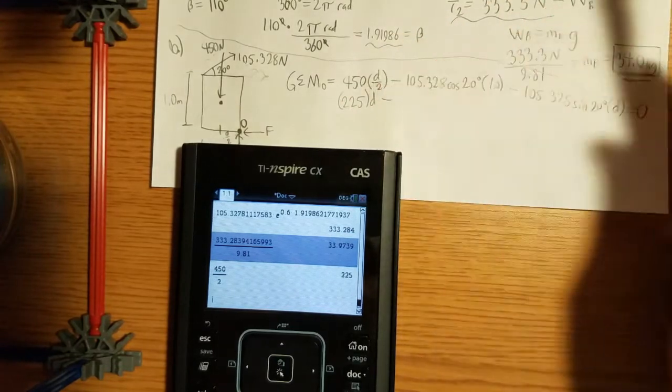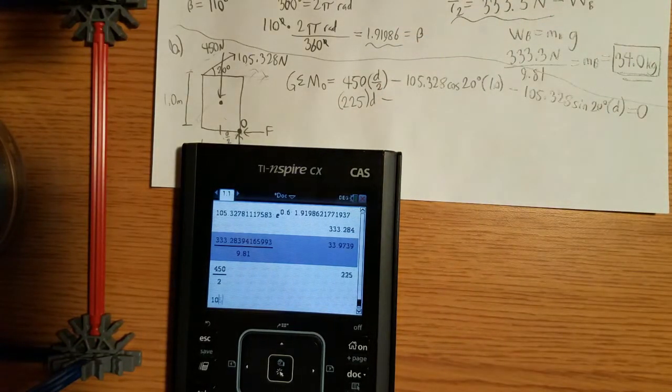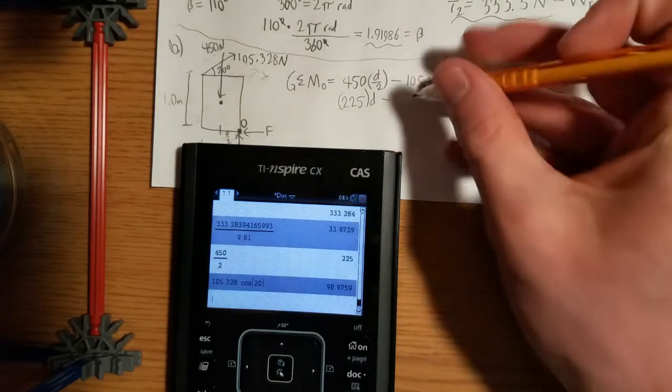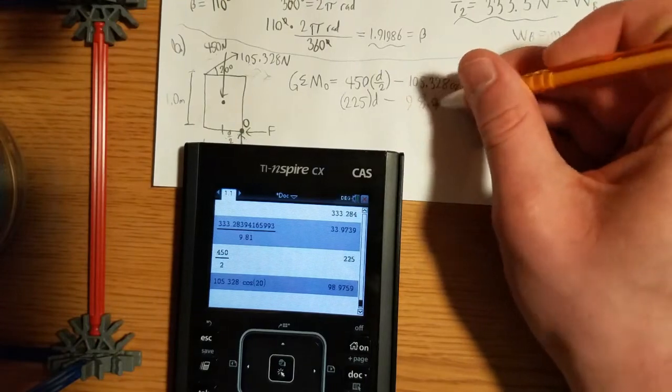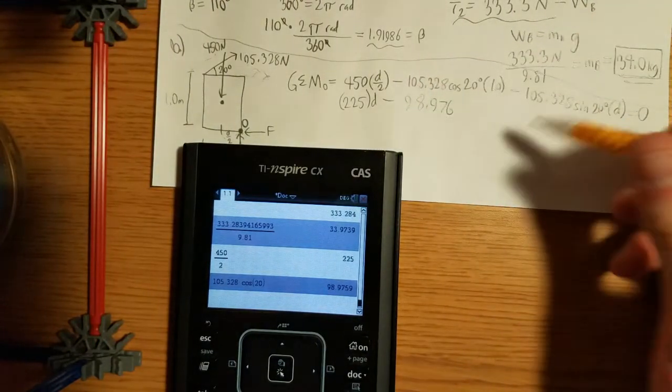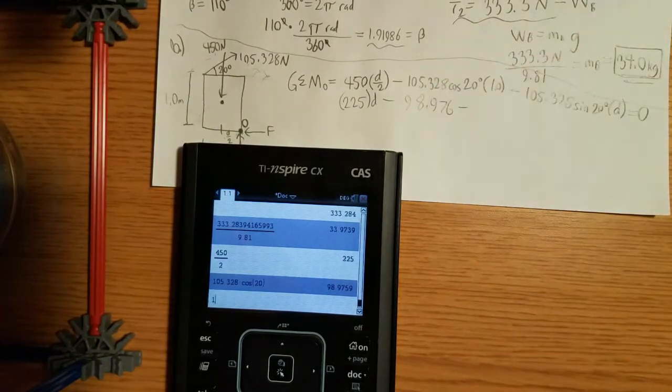225d minus, we got 105.328 times cosine of 20 times 1, so we don't really need that, minus 98.976 minus 105.328 sine of 20.